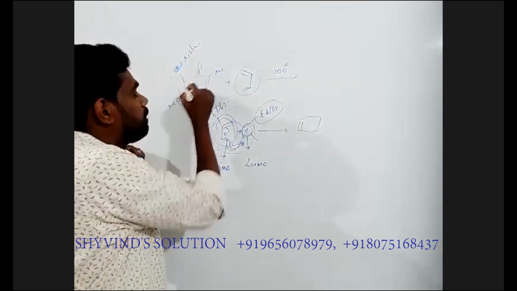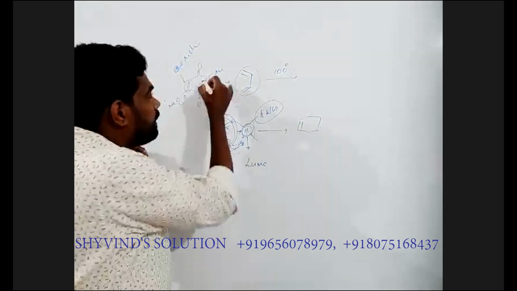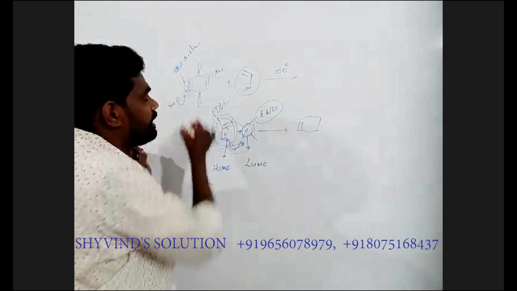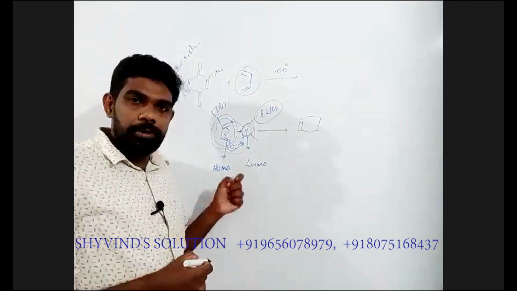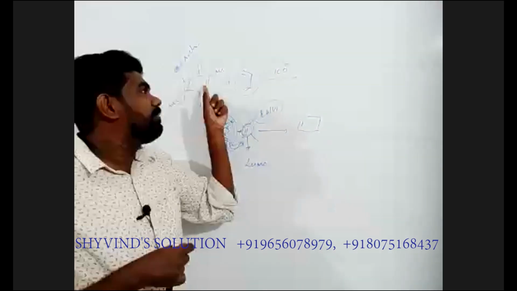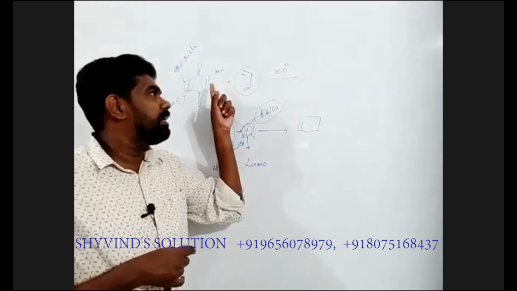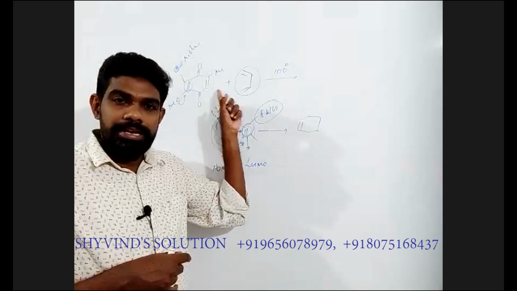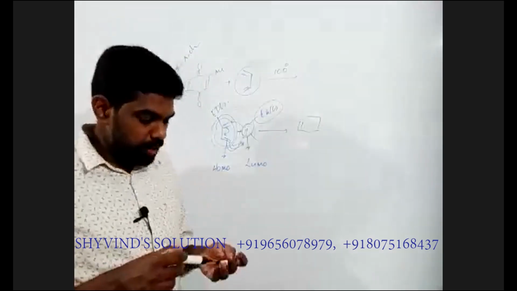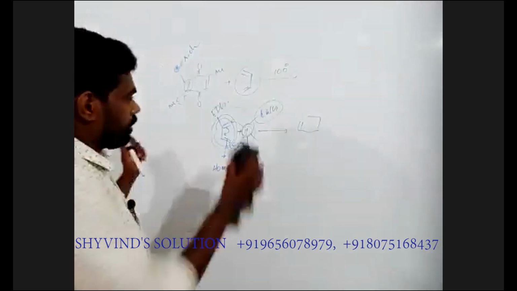So compared to these two double bonds, this is the electron deficient double bond, and it will participate in the Diels-Alder reaction. That is the first idea, about the regioselectivity.